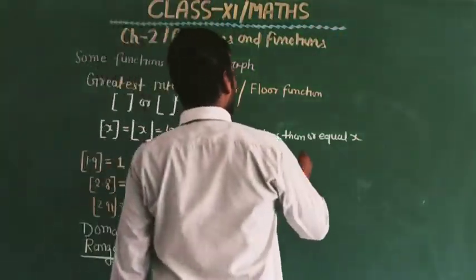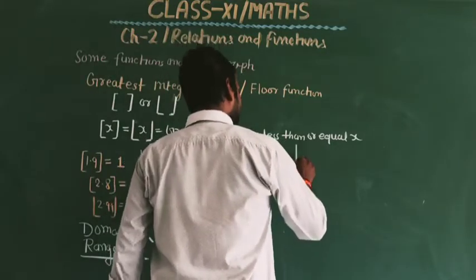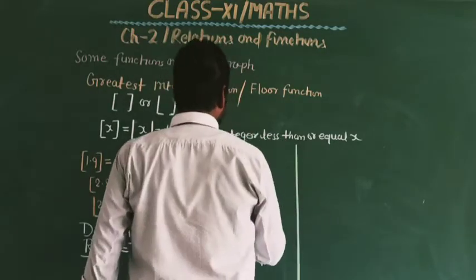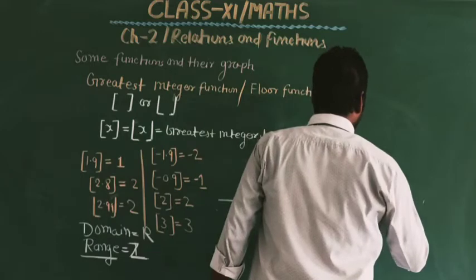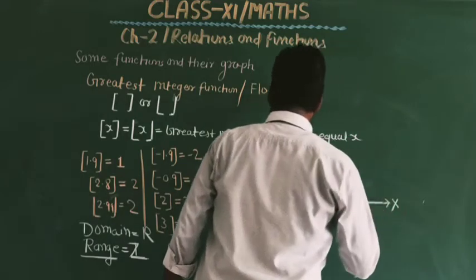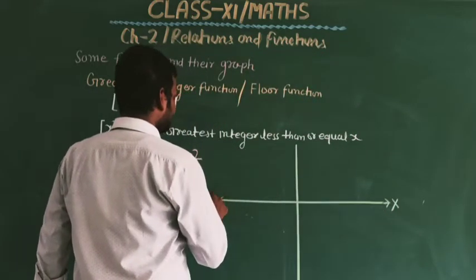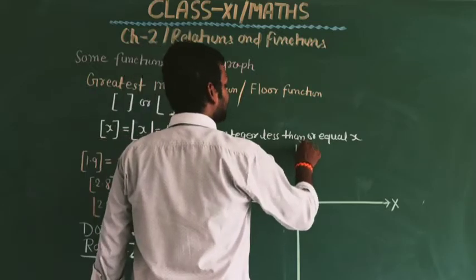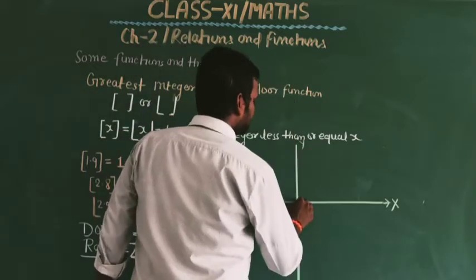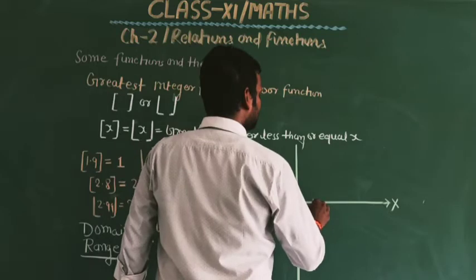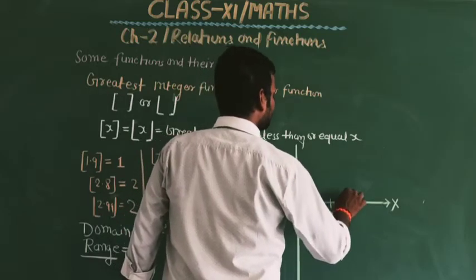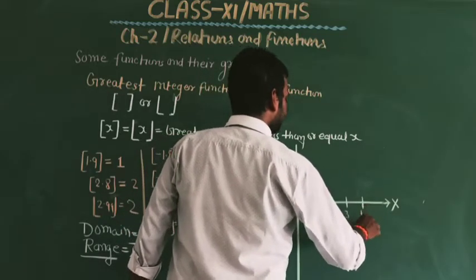Okay. Now, how to look at the graph of the greatest integer function? So we have to plot the graph of the greatest integer function. So this is x dash, y dash. So this is 0, 1, 2, 3, 4.